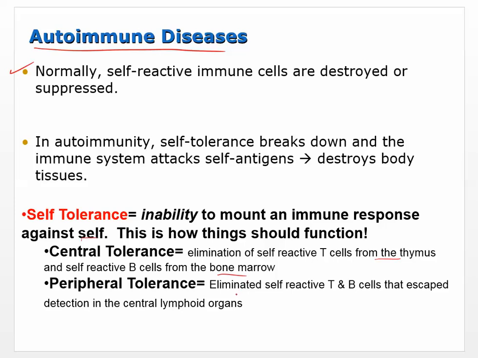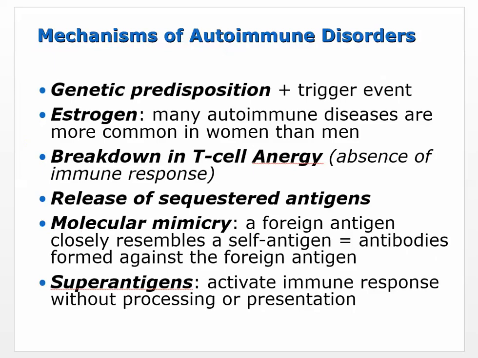If they respond to some self antigens and there isn't enough antigen to really activate them, then a lot of times these T cells will be destroyed, and that's peripheral tolerance. So if they escape detection early, then your immune system can actually take them out.